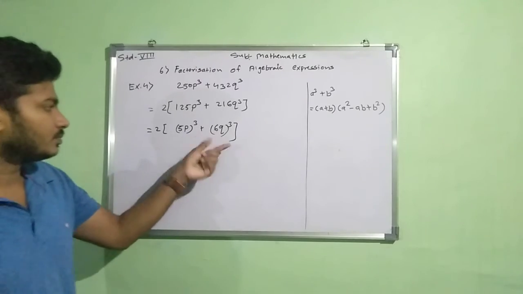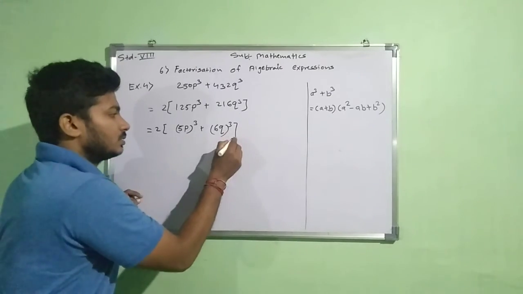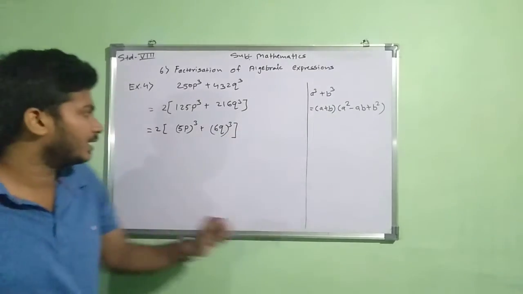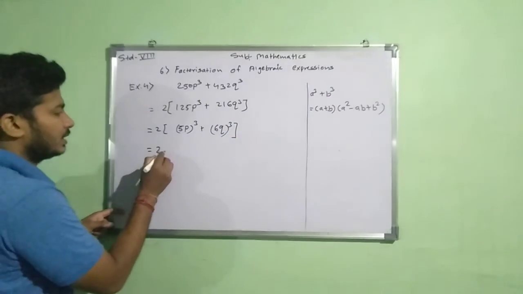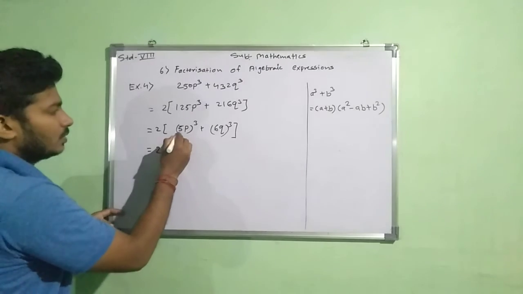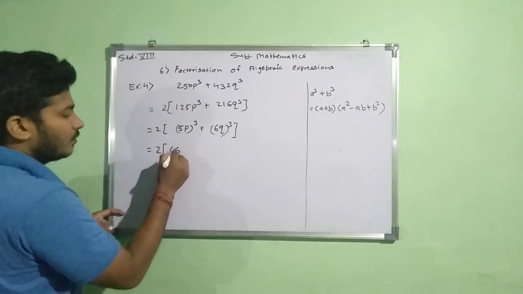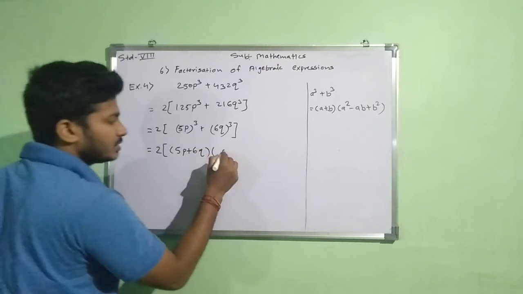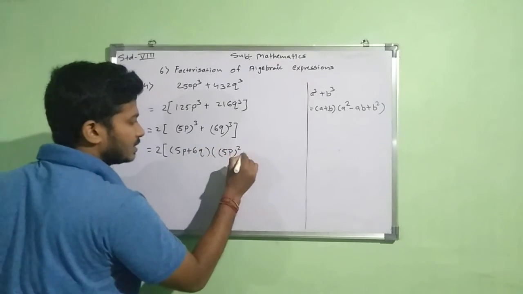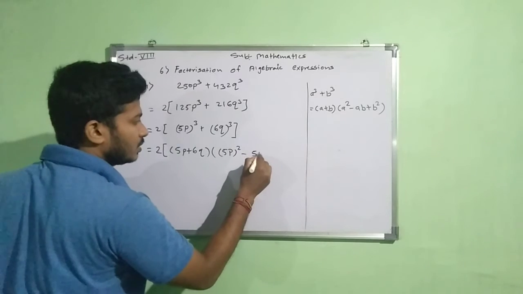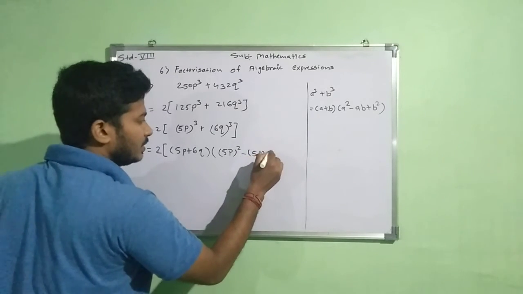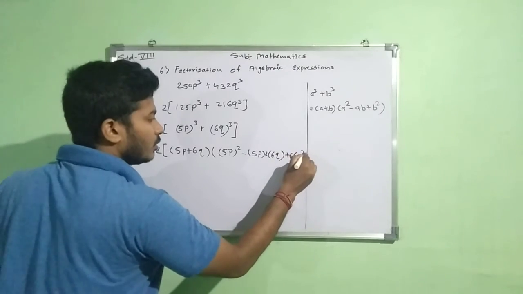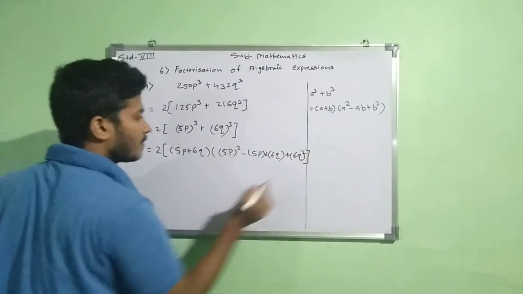Now that both terms are in the form of a cube plus b cube, we can use our formula directly, and that 2 will be there. Now in the first bracket 5p plus 6q, and in the other bracket square of first term (5p) square, minus multiplication of both, 5p multiplication 6q, plus square of second term.